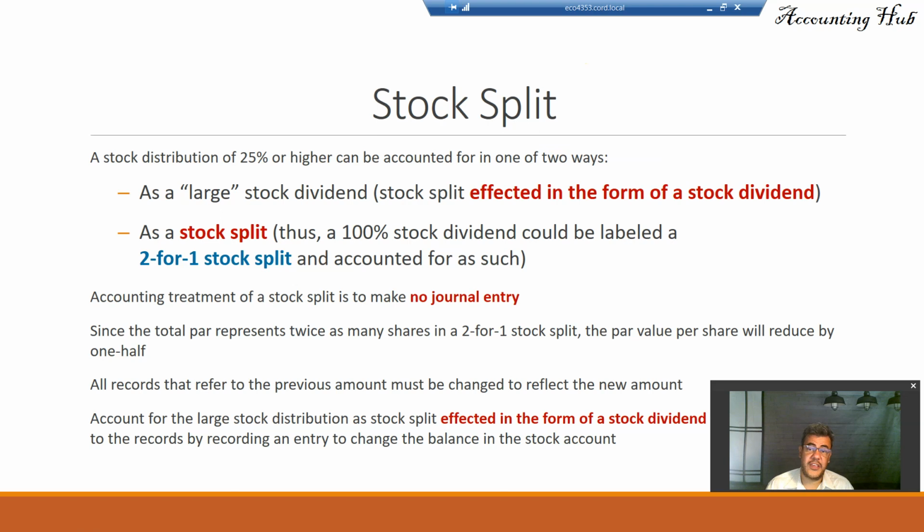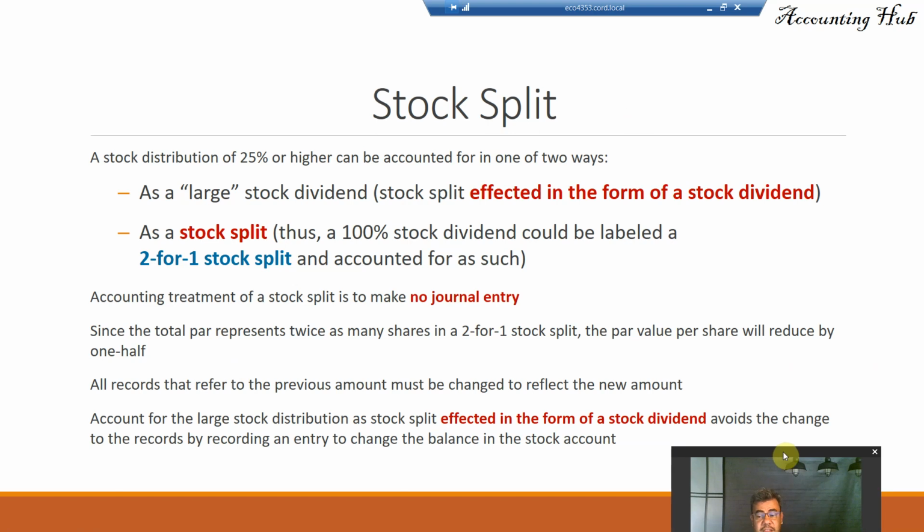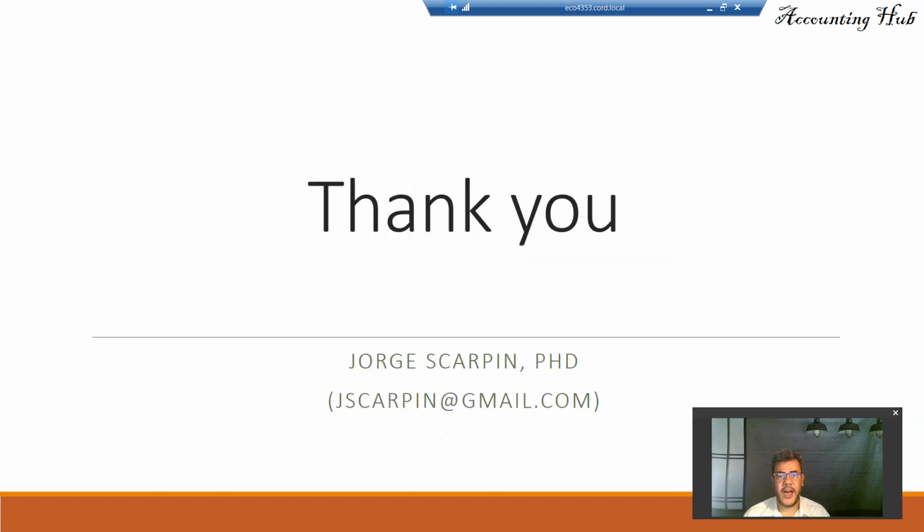If we consider it stock split, we don't record it because it's no changes. So stock split, no journal entry, and account for the large stock dividends as stock split if effect in the form of stock dividends. Avoid the change to the record by recording an entry to change the balance in the stock amount. So here, let's see how it works.